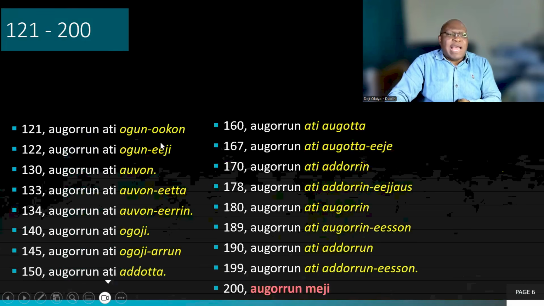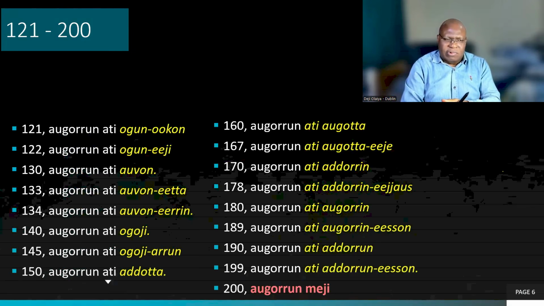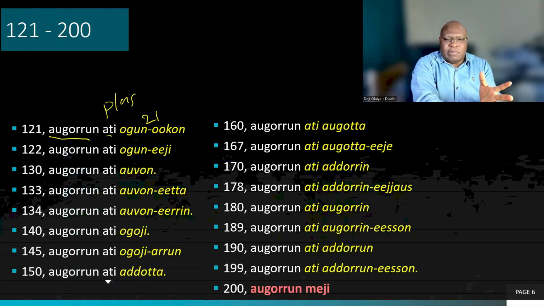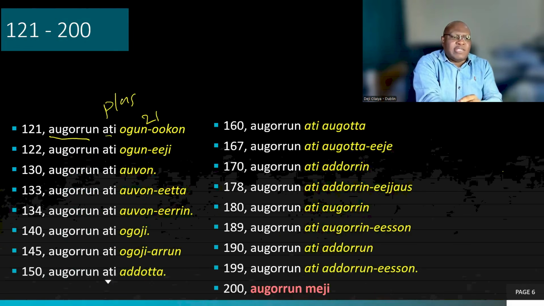In this slide, we're going to count from 121 to 200. So 121, ọgọ́rùn-ún àti ogún ọ̀kan. Ogún ọ̀kan is 21. This is 100 plus 21, 121. Then this is 122, ọgọ́rùn-ún àti ogún èjì.